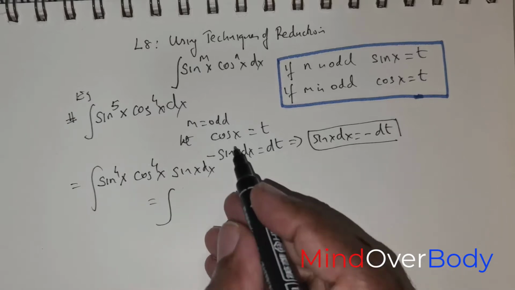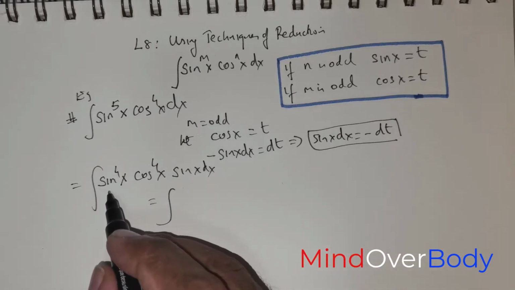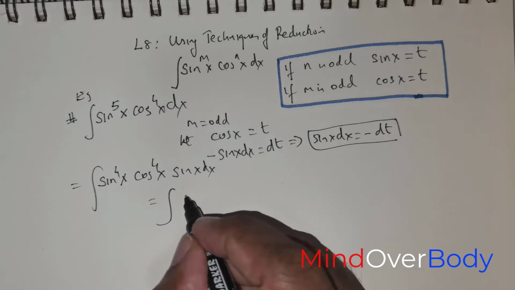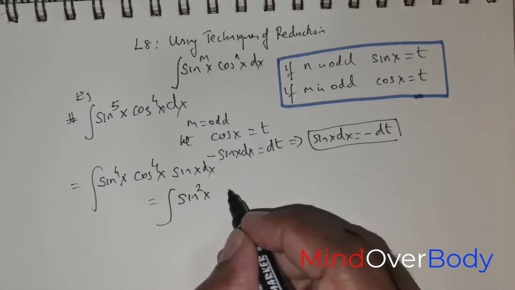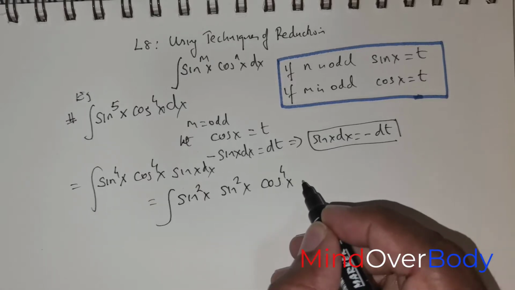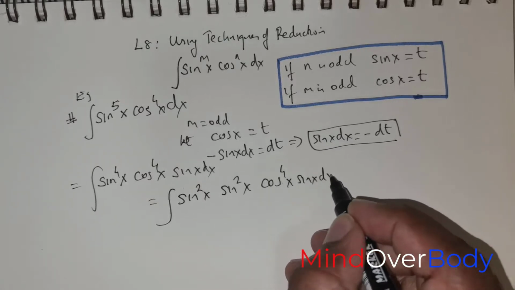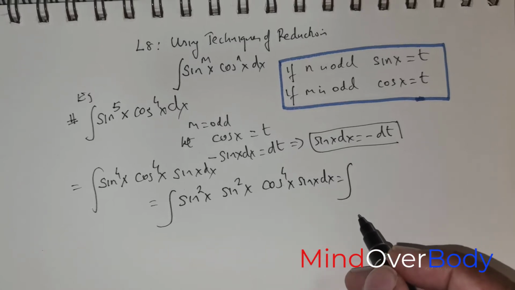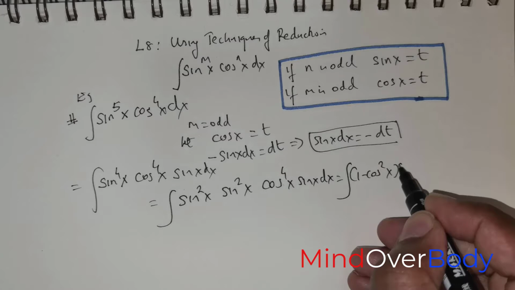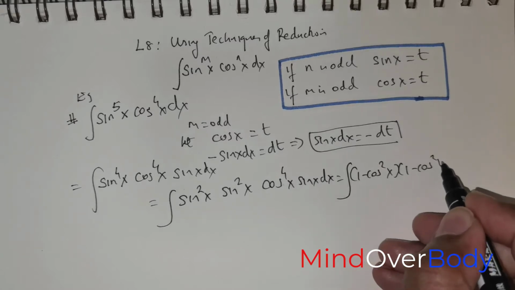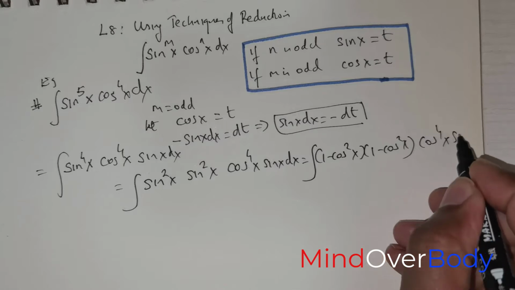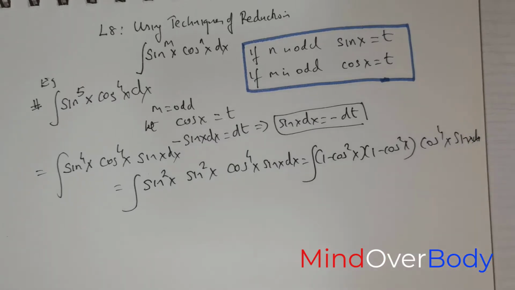So what we can do is rewrite sine raised to the power of 4x as sine squared x times sine squared x, followed by cos raised to the power of 4x times sin x dx. This is equal to, I'm going to rewrite sine squared x as 1 negative cos squared x, so 1 negative cos squared x times 1 negative cos squared x times cos raised to the power of 4x times sin x dx.